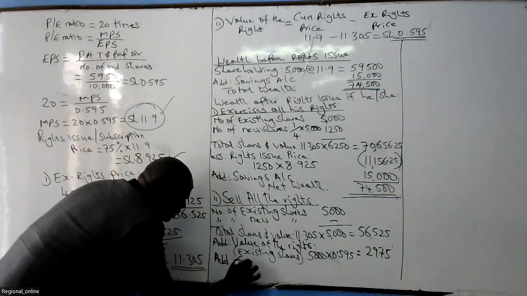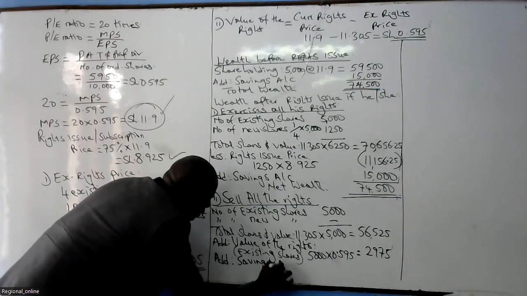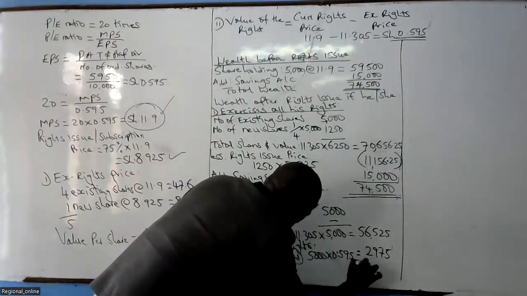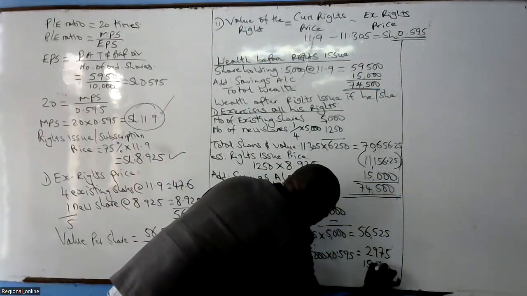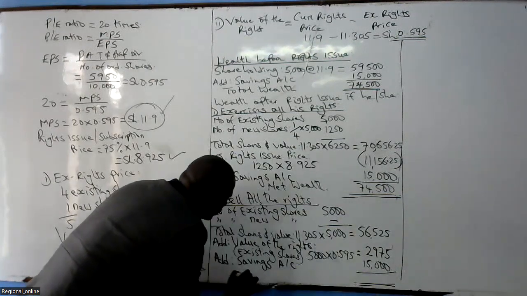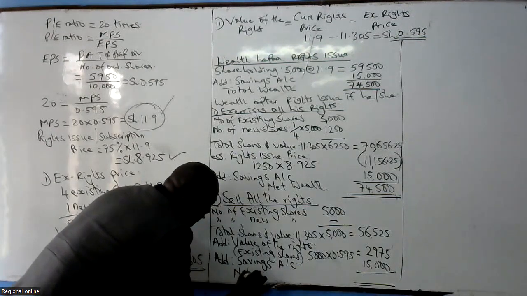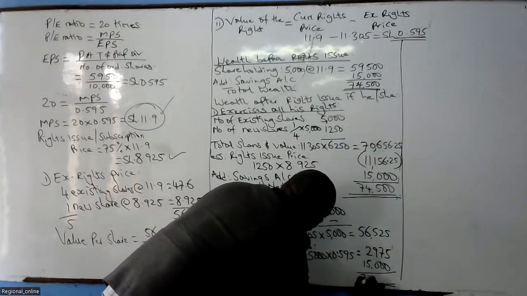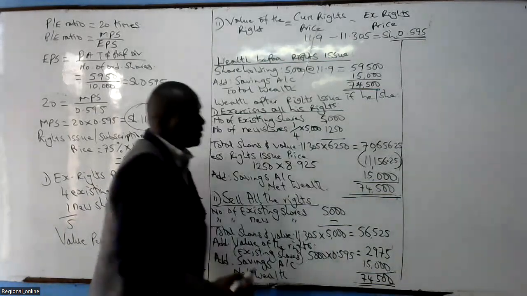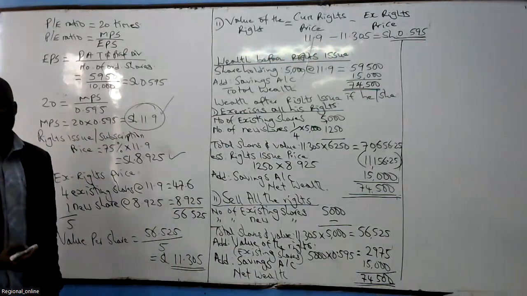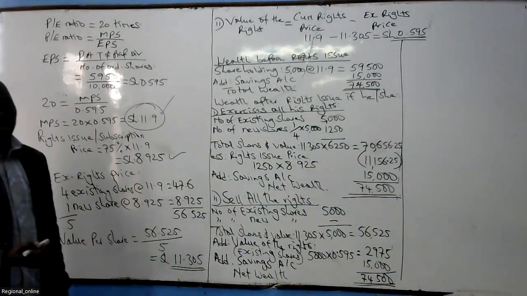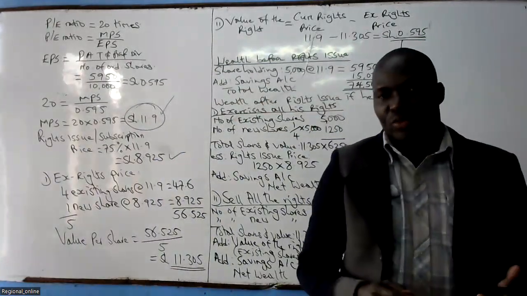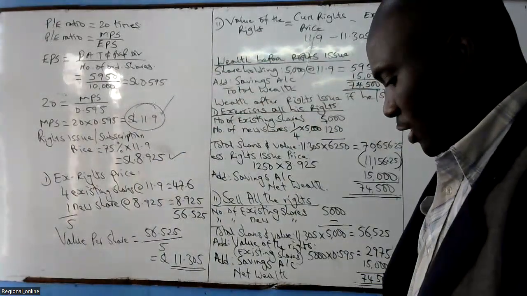Savings account is just added. Even if he had not sold, it has no impact. What was the savings account? 15,000. What is the net wealth? Does it change? You have 74,500. So when you sell the rights or you exercise the right, your wealth is not expected to change.